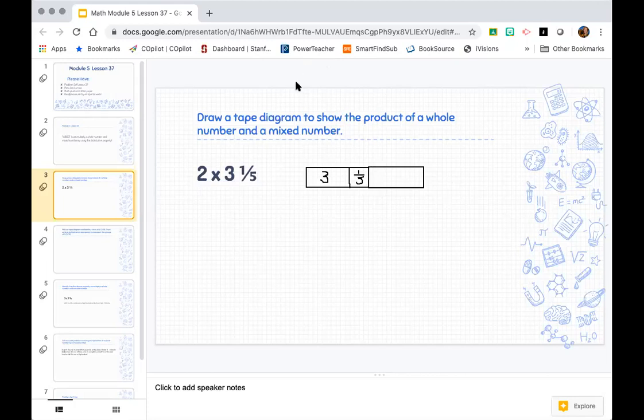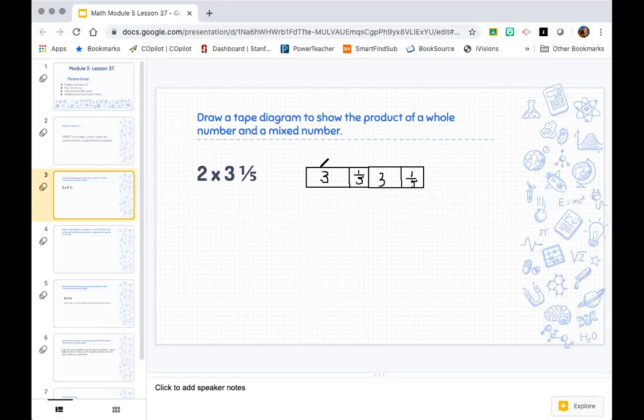Sorry, it's hard to do this on the computer. And this is also 3 and 1/5. I apologize again for how it's not necessarily the neatest. So we just made 2 copies, which is us representing this.